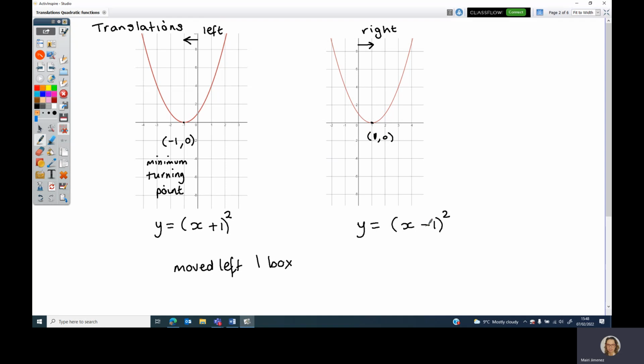So the equation has a negative 1 in the bracket. And that's a minimum turning point as well. So that has been moved one box to the right.